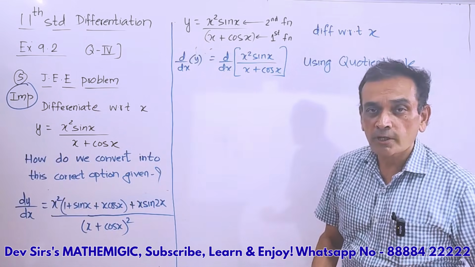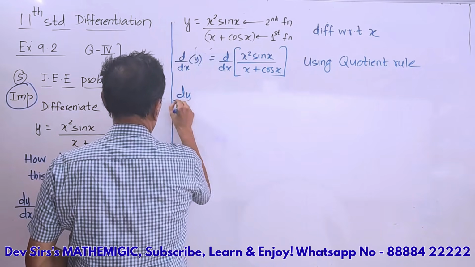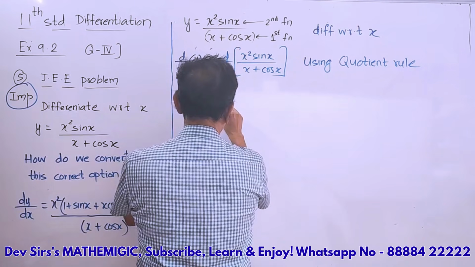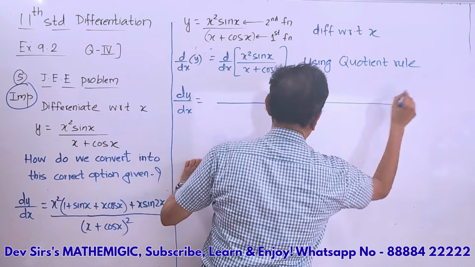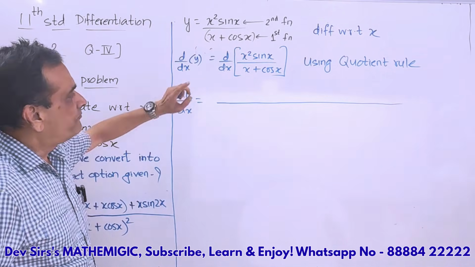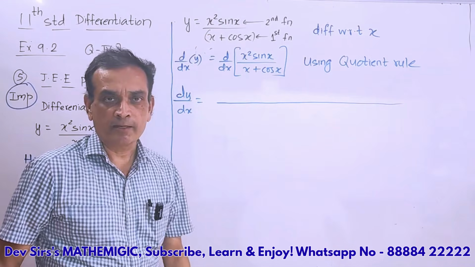How you use the quotient rule is important. Draw a big line, and above the big line we are going to say first function derivative of second.